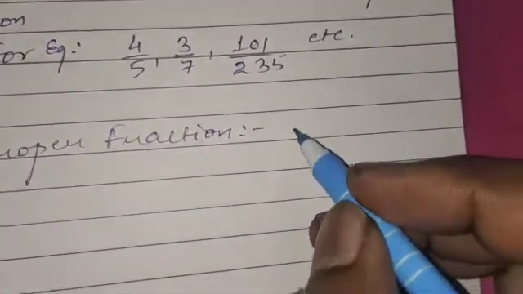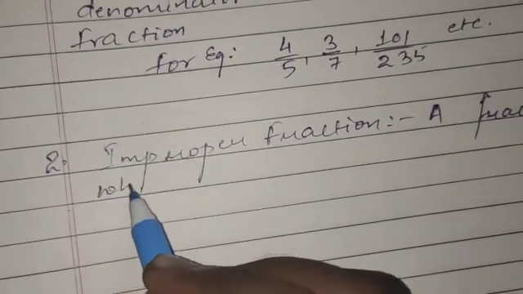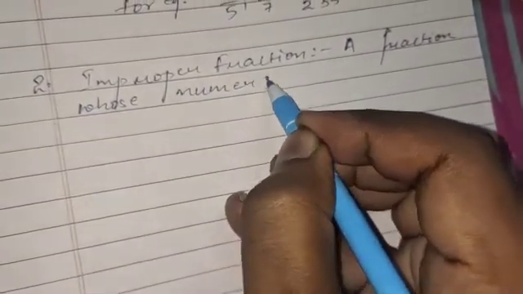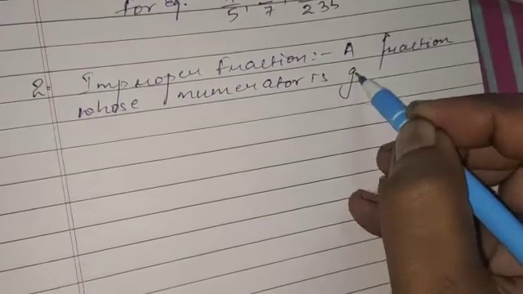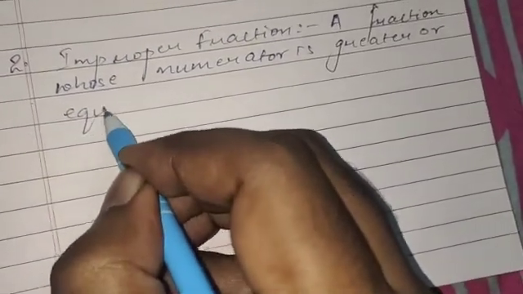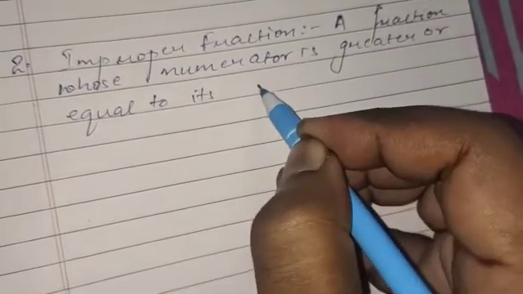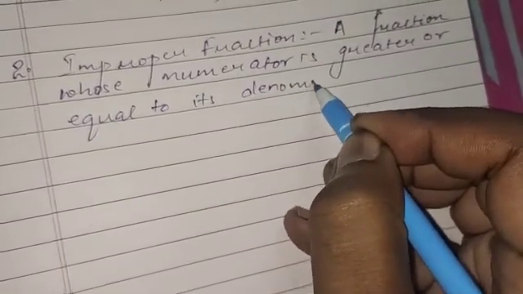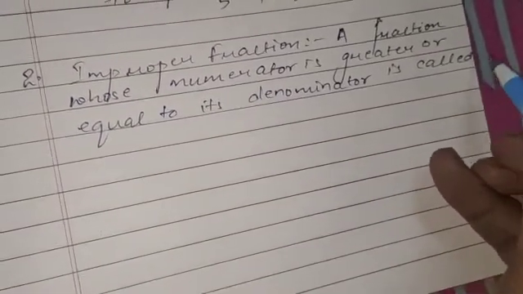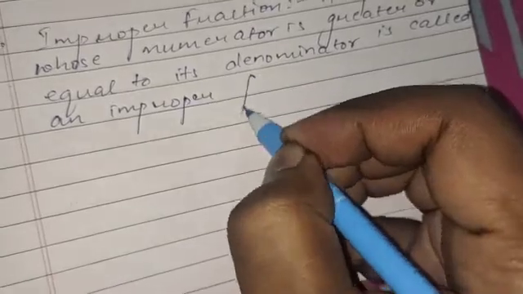A fraction whose numerator is greater than or equal to its denominator is called an improper fraction.